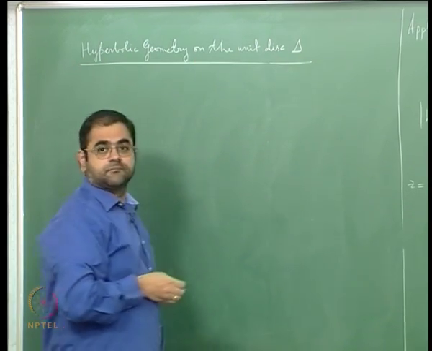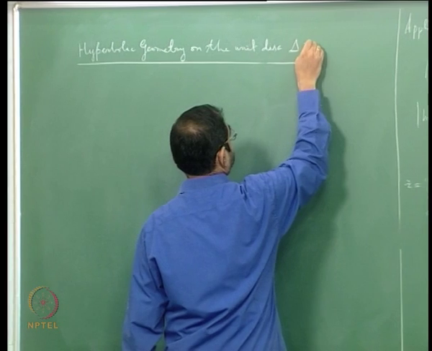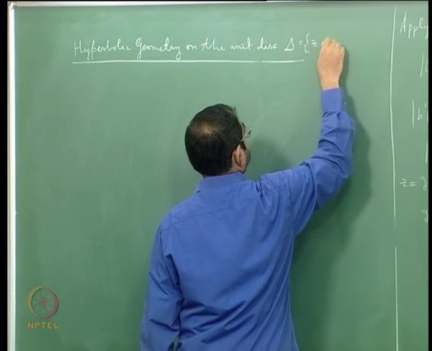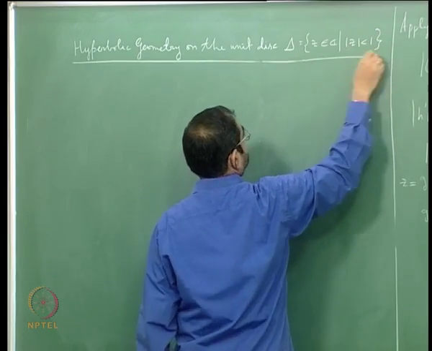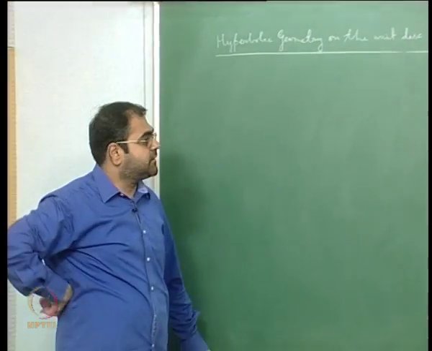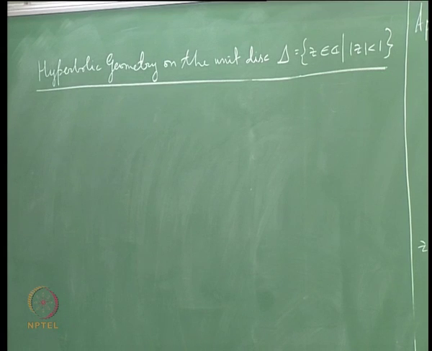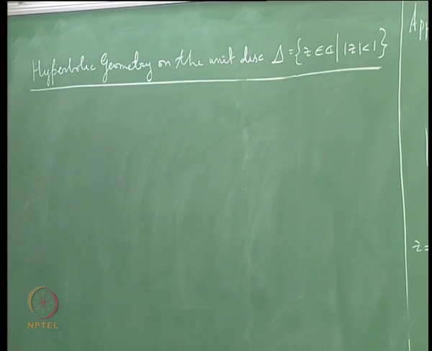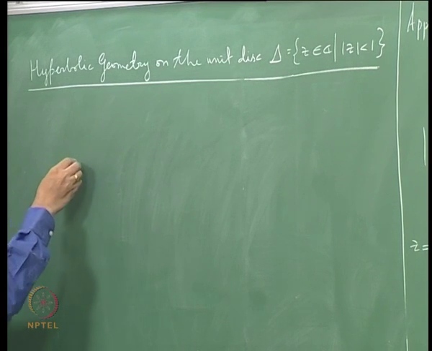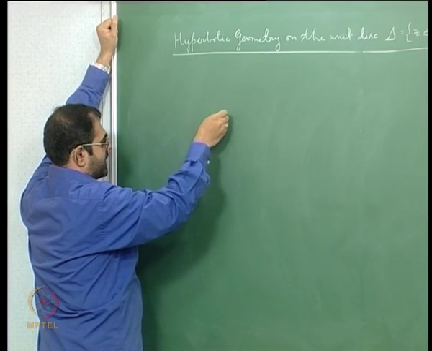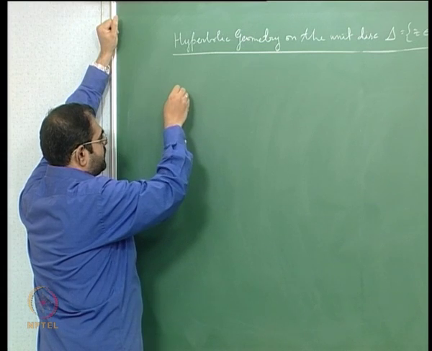Delta is the open unit disk centered at the origin, radius 1. So let us begin by recalling certain facts.